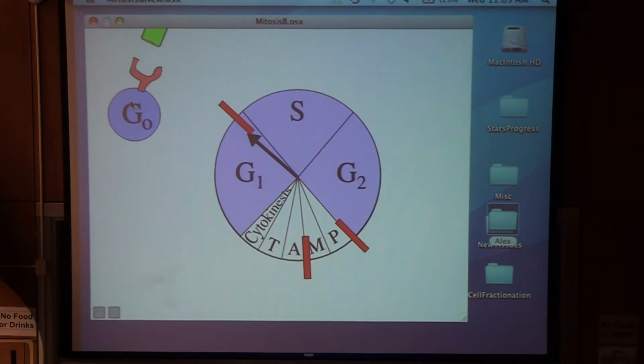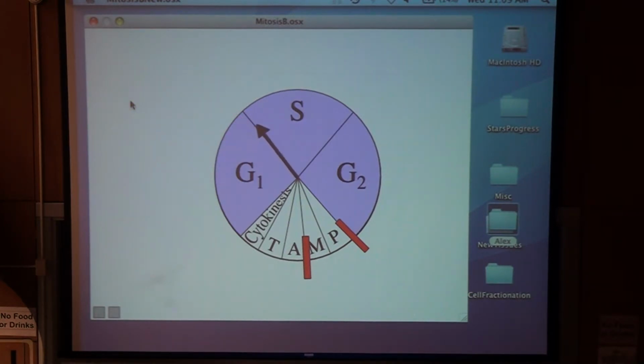All right, so when the growth factor binds to the receptor of the cell that's in G0, it causes that cell to go back into the cell cycle, which in this case means it's going to activate the enzymes of S phase, so that now the cell is going to start duplicating its chromosomes and then proceed to G2, and then if everything works right, proceed through the rest of the cell cycle.